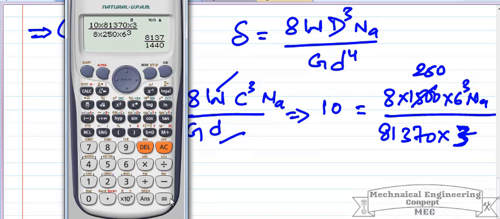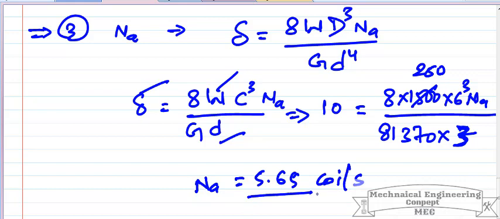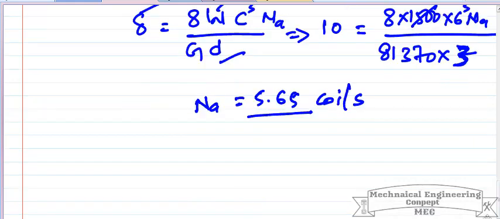This is spring index. The value will be 5.65 coils. So we cannot design with a number of coils having 5.65 value.